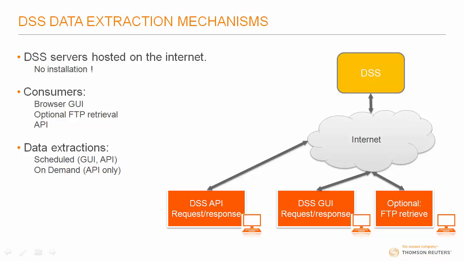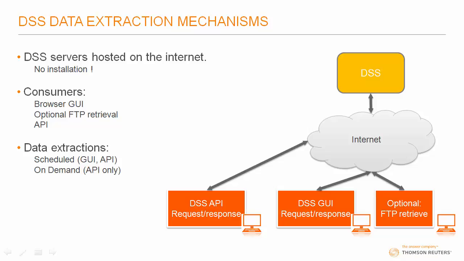Data can be extracted using either of two basic mechanisms: scheduled extractions, which occur at predefined moments in time, once-off or recurring. These can be created using the graphical user interface or the API. On-demand extractions, which occur immediately.